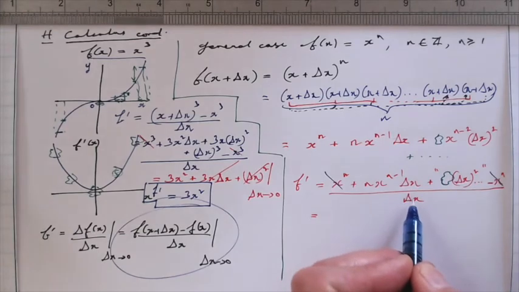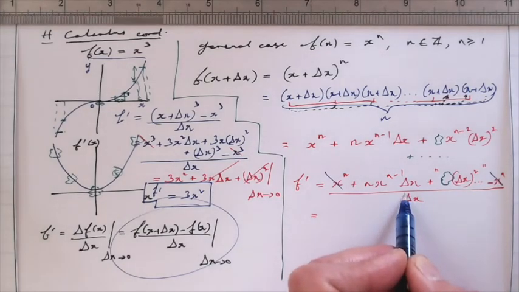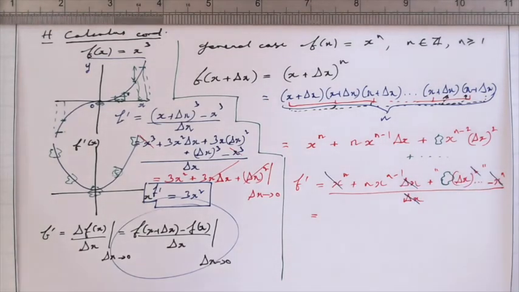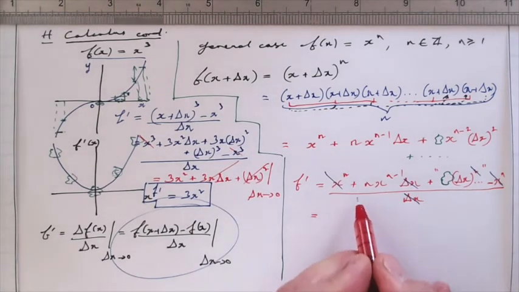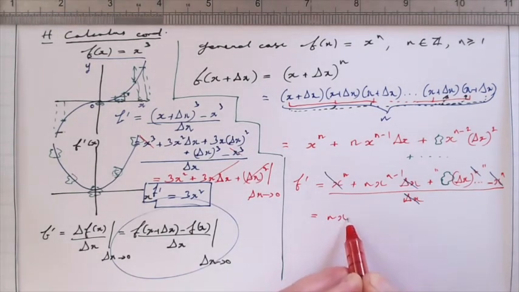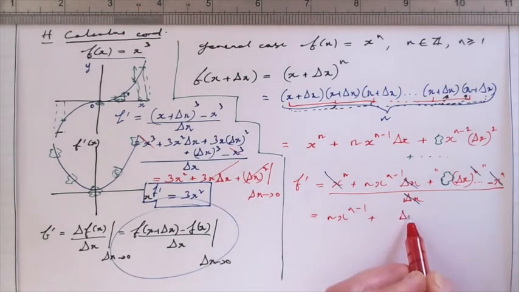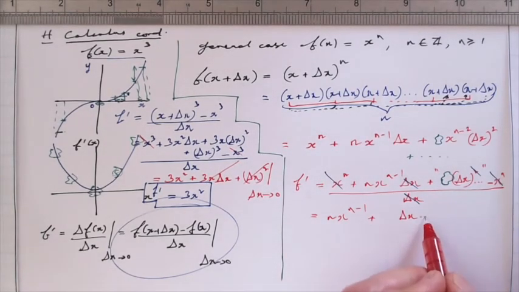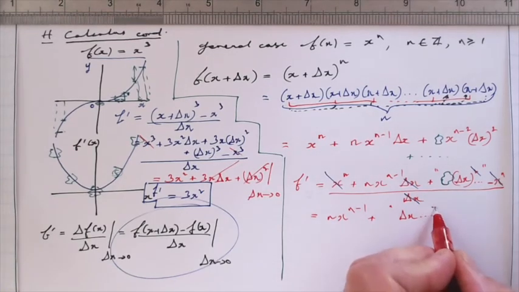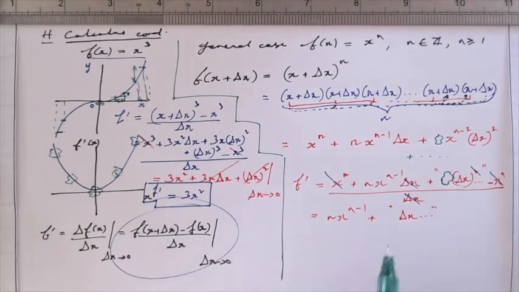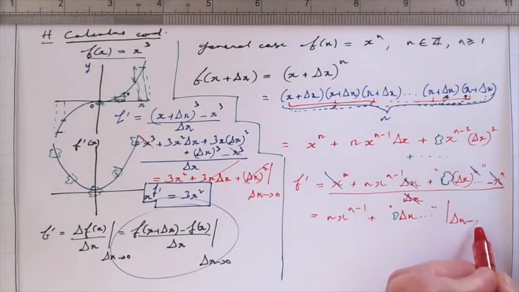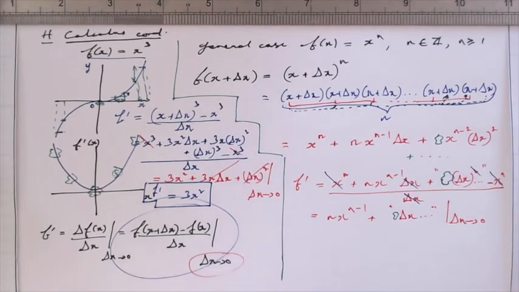We divide by delta x, so there's a common factor of delta x that we can divide through by, and what we're left with is n x to the n minus 1 plus the green cloud times delta x dot dot dot, which I'm putting in quotation marks because I don't want to throw extra notation or boring details at you which are irrelevant, because we're taking delta x to 0 ultimately, okay?